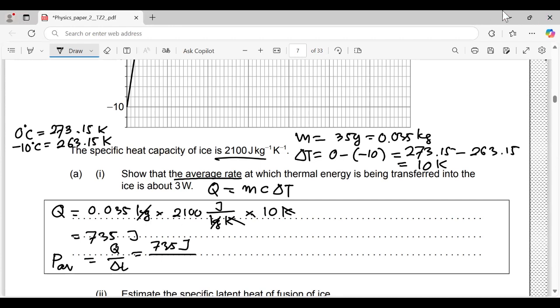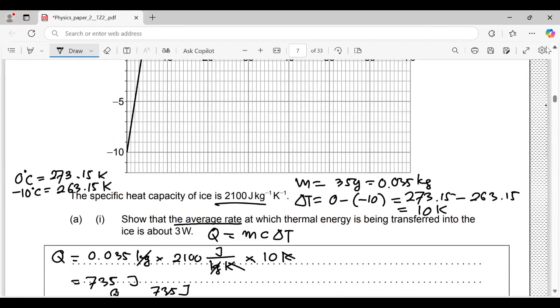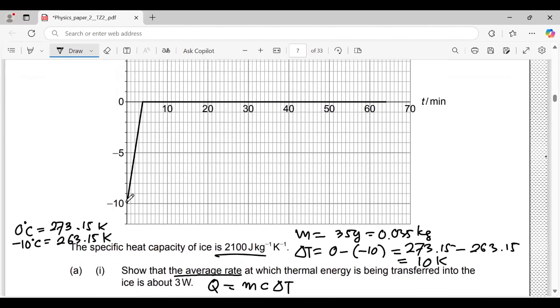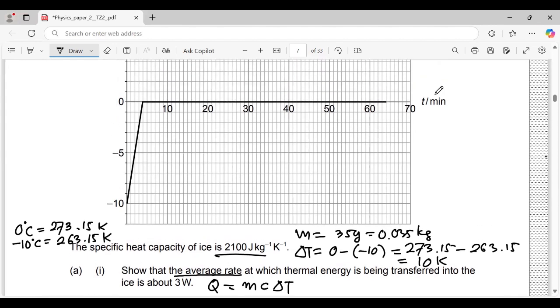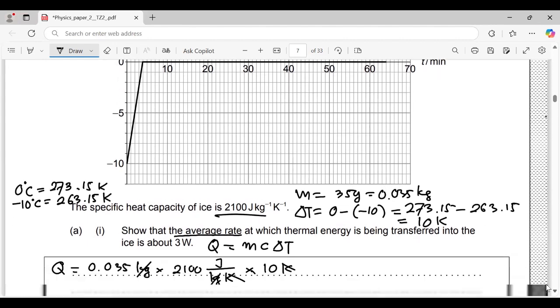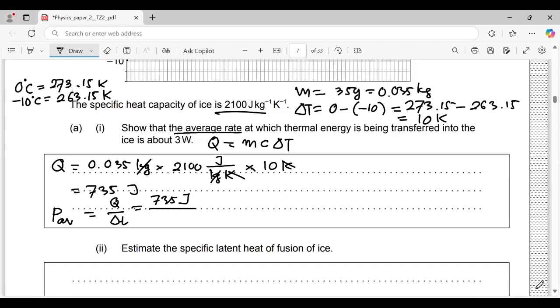I'm going to show you on this graph. From minus 10 to 0, look, there are one, two, three, four. Okay, four minutes, it means 4 times 60 seconds.